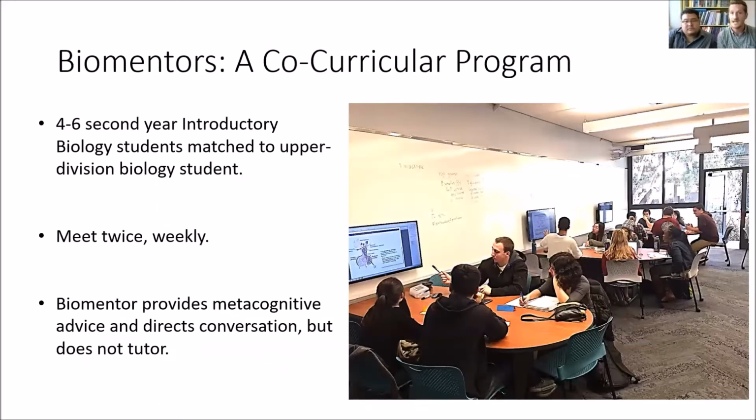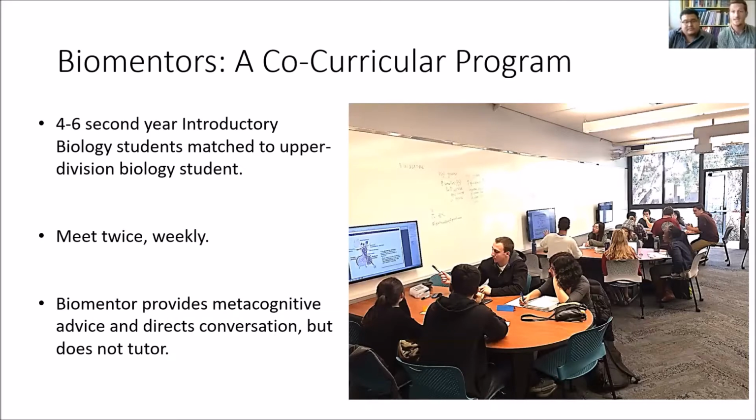So BioMentors, again, takes place in that active learning classroom that we have here on campus. The students sign up out of that larger enrollment traditionally taught section, and they're matched up in groups of 4 to 6 second year students with an upper division, third or fourth year biology student who has been quite successful academically.